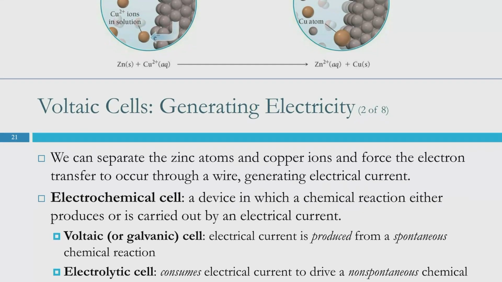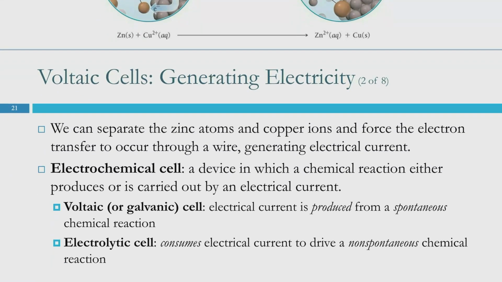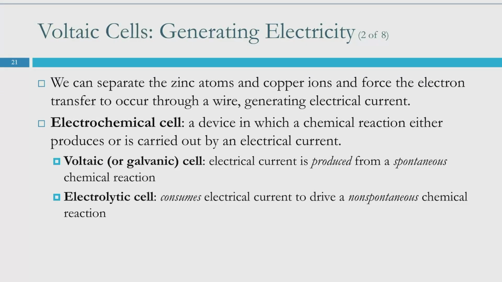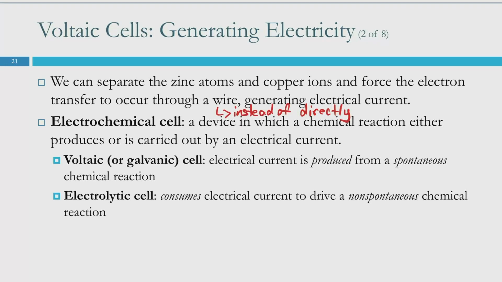So what we can do with this principle is we can separate the zinc atoms and the copper ions and force the electron transfer to occur through a wire instead of directly. Right, we don't have to have the metals together, we can separate them out. And this is an electrochemical cell.